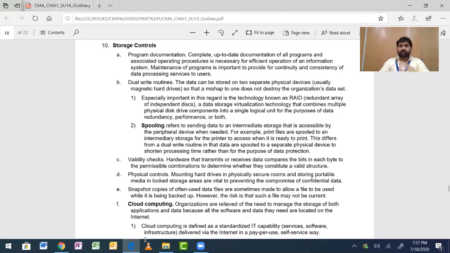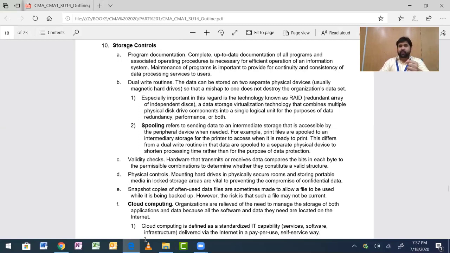Maintenance of programs is important to provide for continuity and consistency. I think all they want to say is that whatever data you are feeding into the program has to be complete and up to date, and the maintenance of this program is also important, which should be done on a continuous basis.